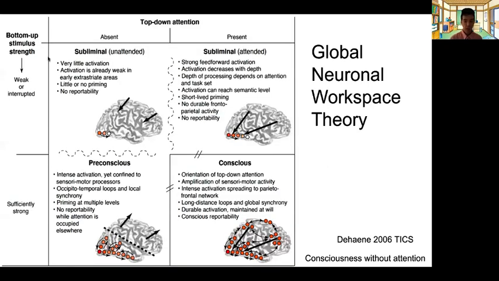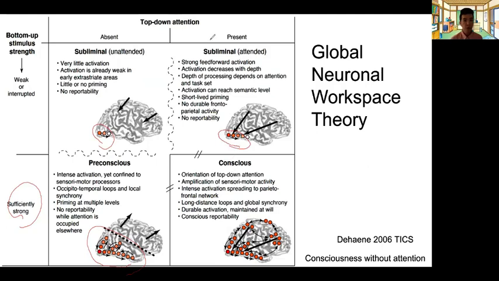So here's a recap of what I discussed a couple of weeks ago. According to the global neuronal workspace theory, a stimulus has to be sufficiently strong to activate these posterior or occipital brain areas, the visual areas. Otherwise, this neuronal activation is too weak to propagate.